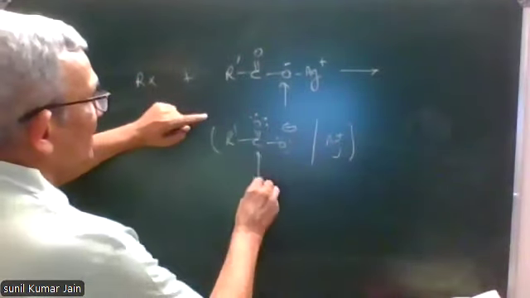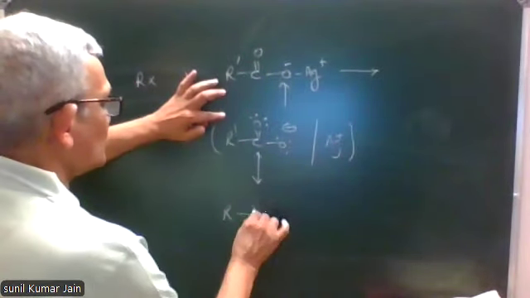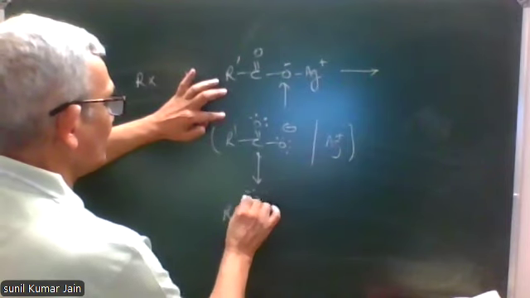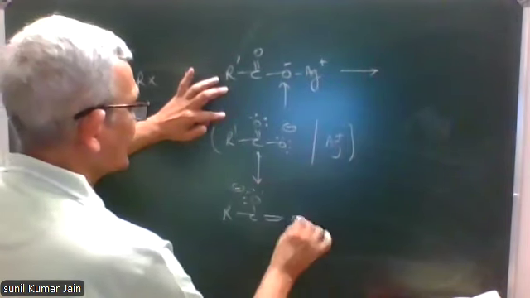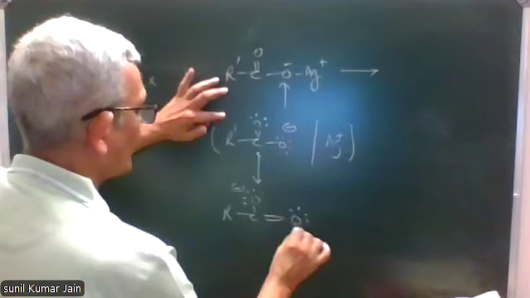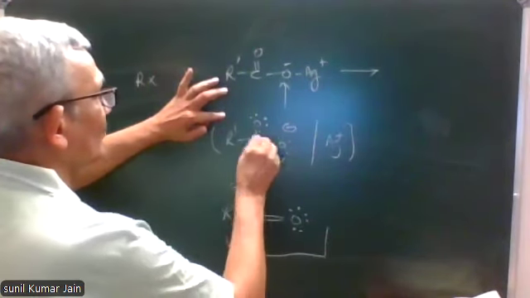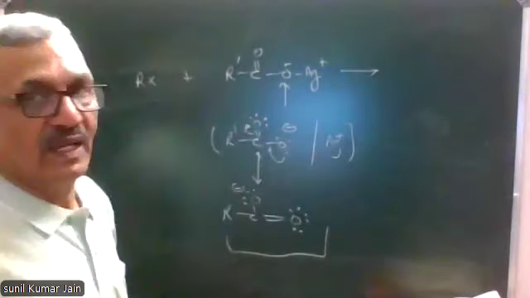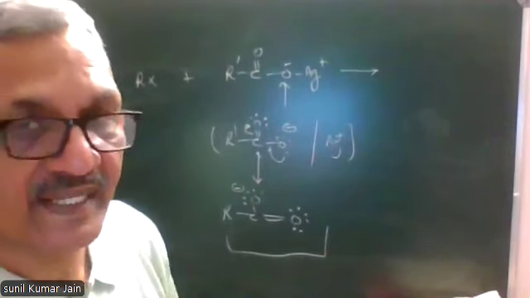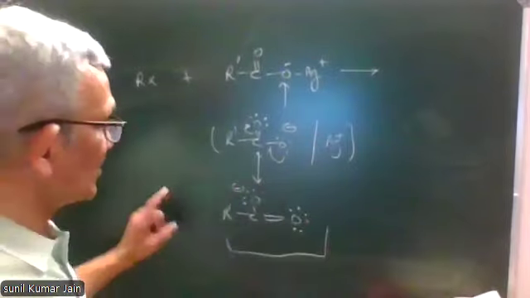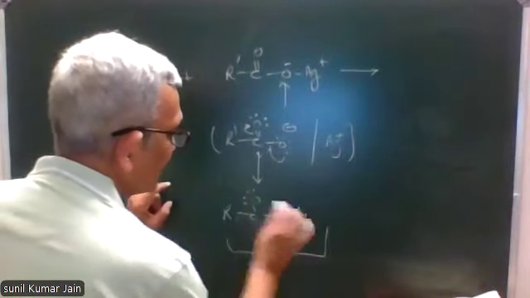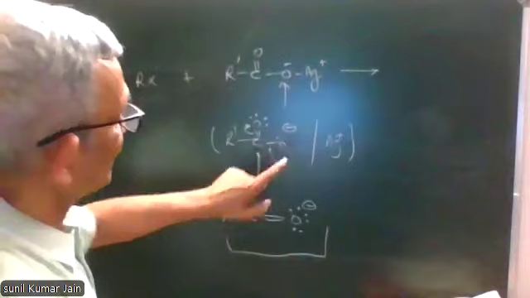This is one, and the second is RCO, and this is double bond. In this case, attack will take place through negatively charged oxygen atom.